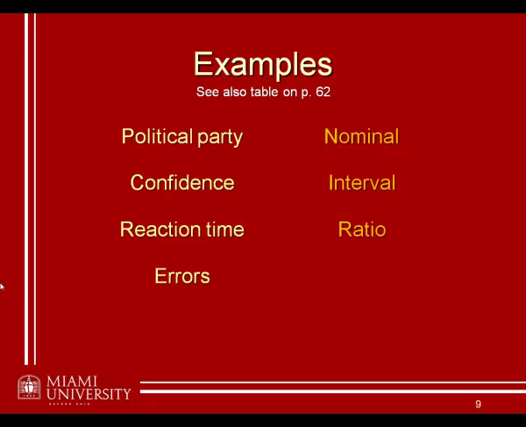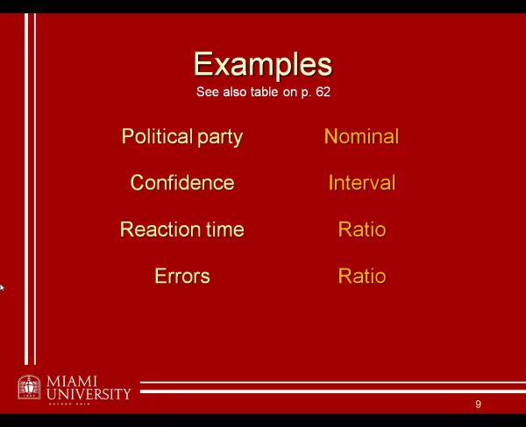What about the number of errors that the people made in the driving simulator? What type of scale would this be measured on? Nominal, ordinal, interval, or ratio? This one's also going to be on a ratio scale. It's a ratio scale because, again, if somebody made 10 errors, they made twice as many errors as somebody who made 5.